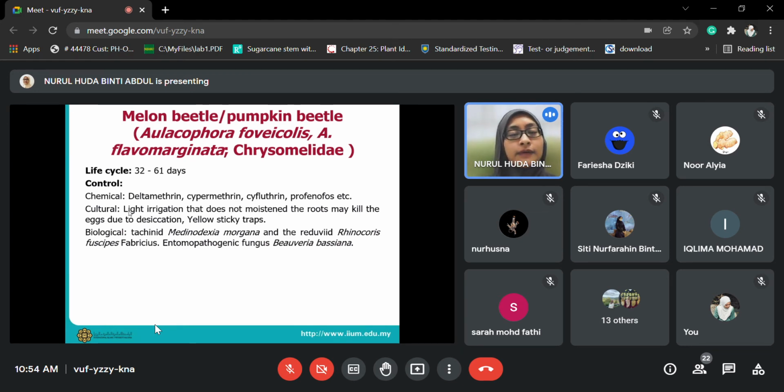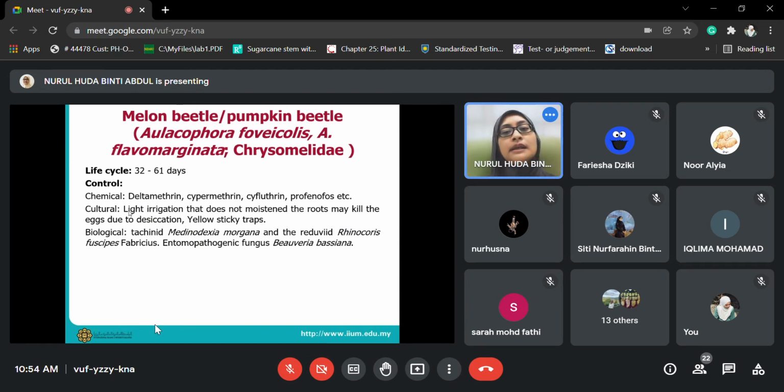And then for the adult, we can use yellow sticky trap. Okay, yellow sticky trap is just a flat trap atau mungkin a piece of board yang ada glue, yang ada sticky substance dekat dia punya surface. So bila this adult lands on that surface, dia akan terperangkap lah.